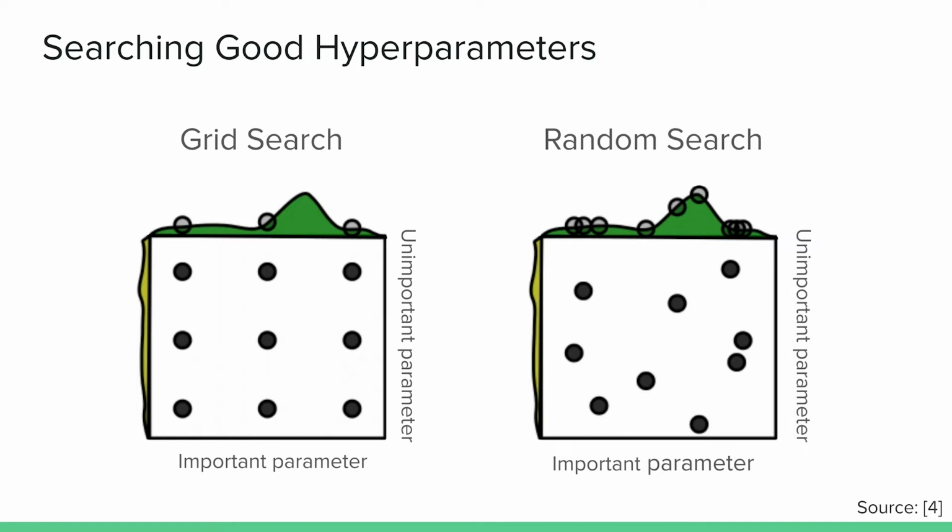Whereas in the grid search, you're probably wasting a lot of time on unimportant parameters. So in the left figure here, you can see the leftmost column: the important parameter is far away from its ideal value, and we're still trying out unimportant parameters. So I would recommend that if you do a hyperparameter search, you use a random search mechanism.